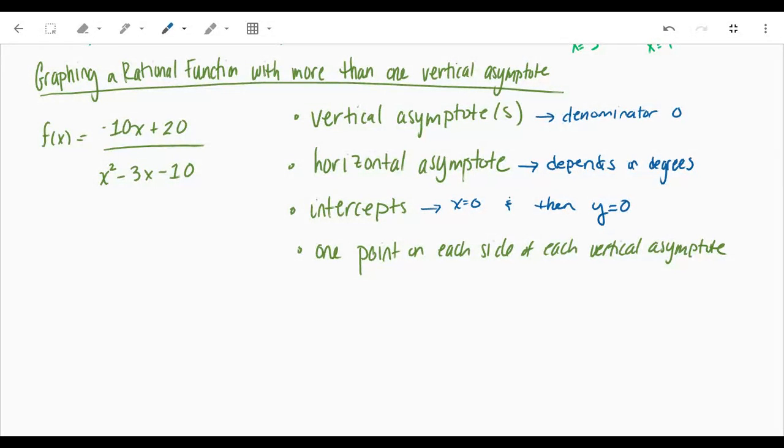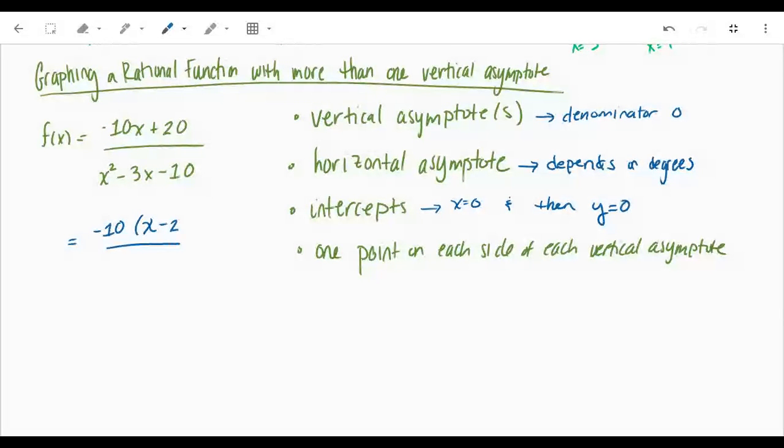So the first thing you're going to want to do is factor the numerator and the denominator, just like we did in the previous problem. So I can take out a GCF of 10, or even negative 10 if you want. And a lot of times we like that x to be positive. It doesn't matter. I could factor out a 10, and then I'd have negative x plus 2. I'm going to factor out a negative 10, so I'll have x minus 2.